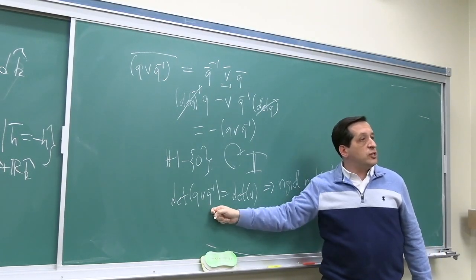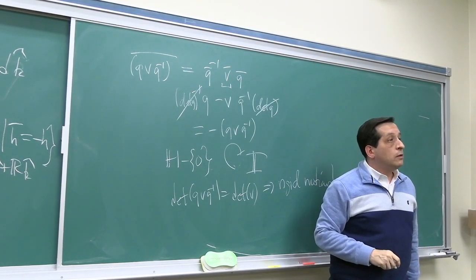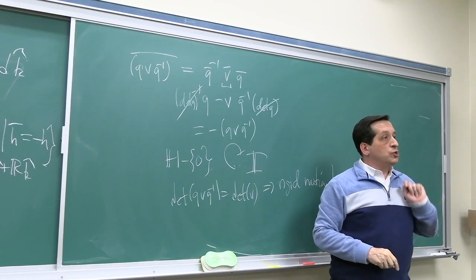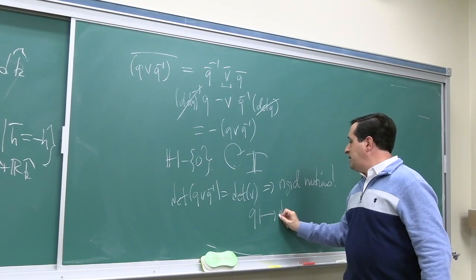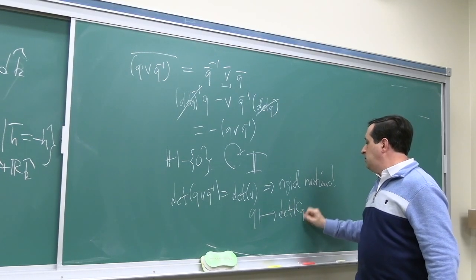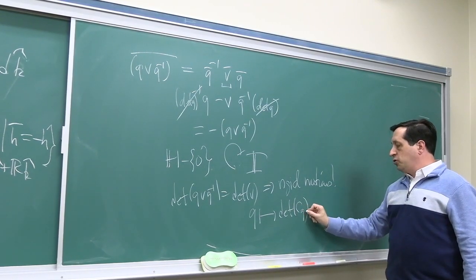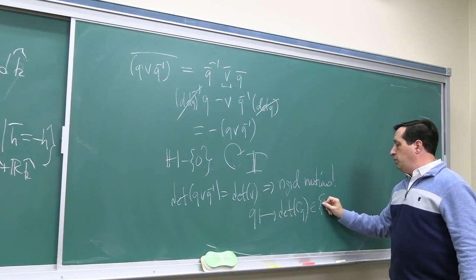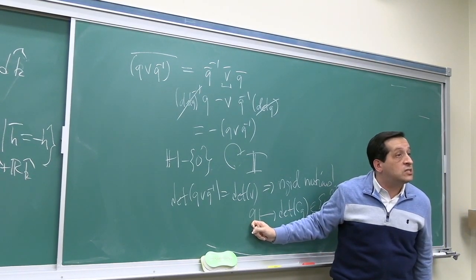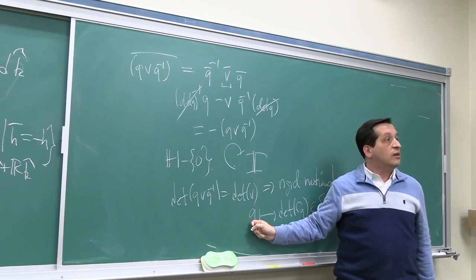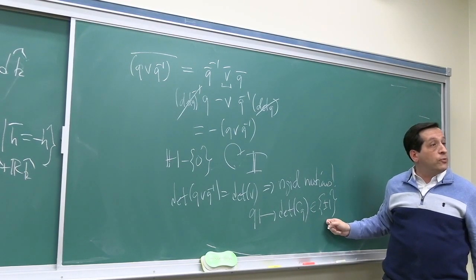This says that the conjugation preserves length, but it does better than that. It also preserves orientation, because as a rigid motion, its determinant must be plus or minus 1, but these come from a connected space, the non-zero quaternions. So therefore, you can't jump the determinant.